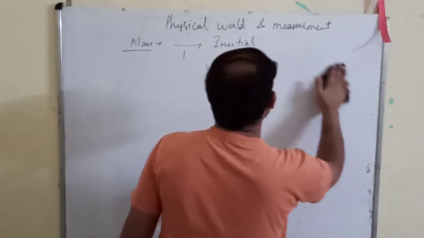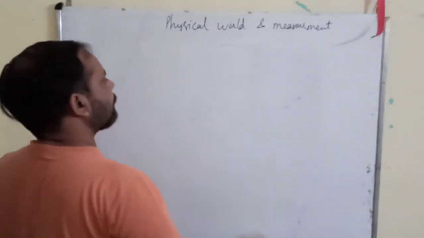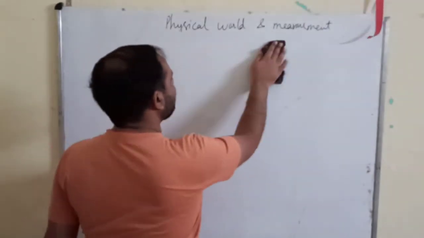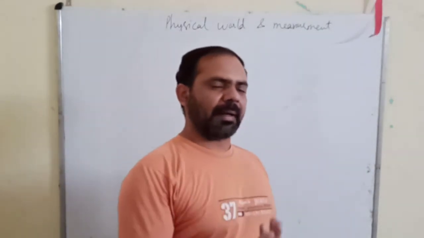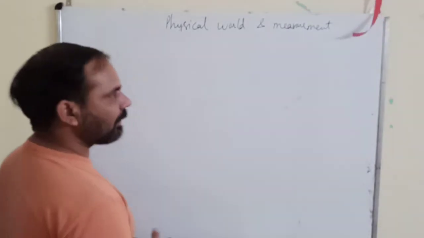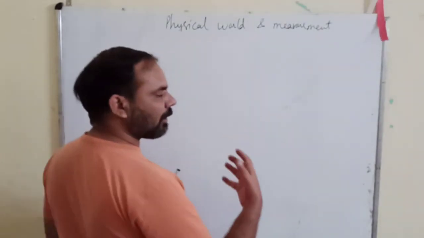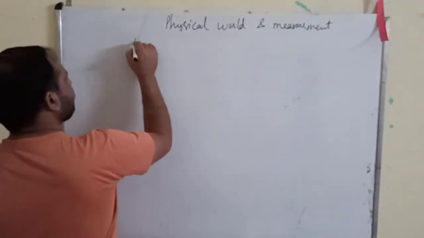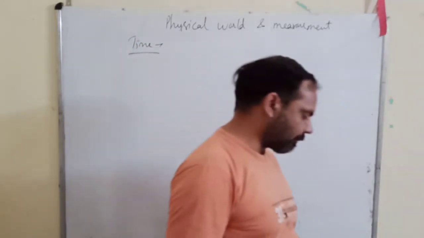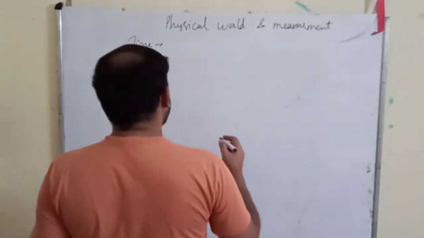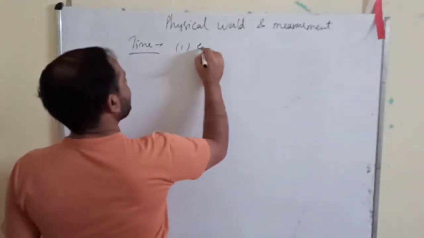How do we measure time? For measurement of time there is a simple rule: anything that repeats itself, any kind of activity that repeats itself, can be used as a device to measure time. Okay, like the first one is the electric oscillator.